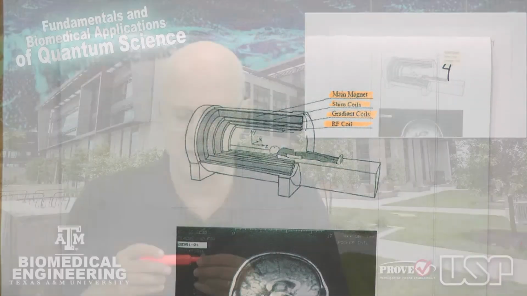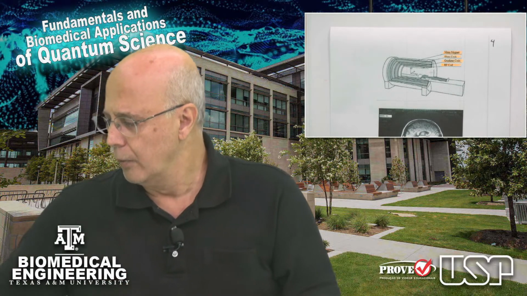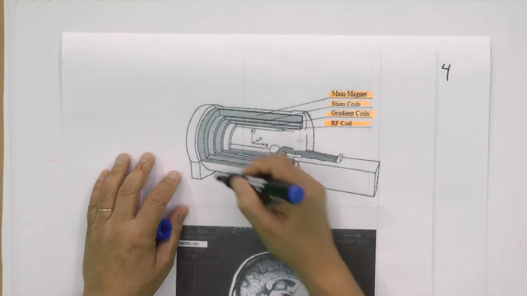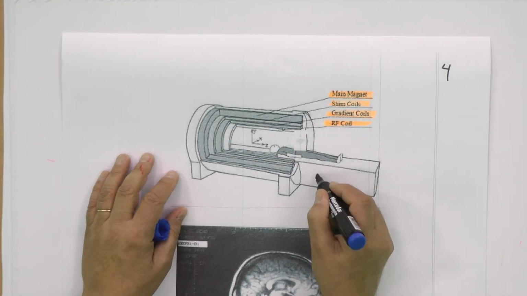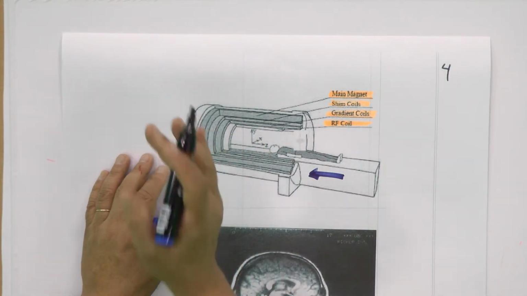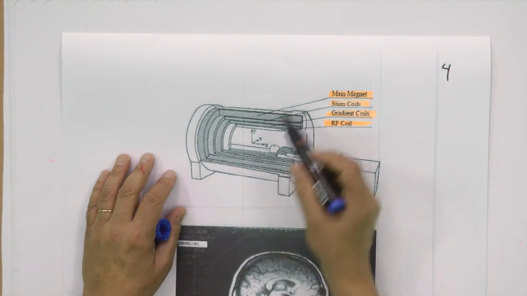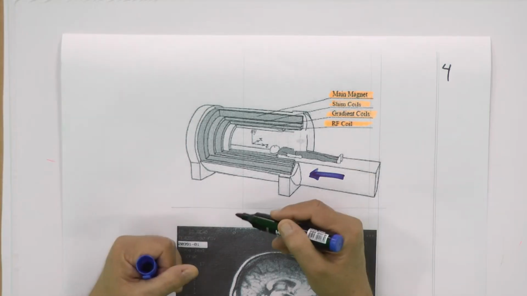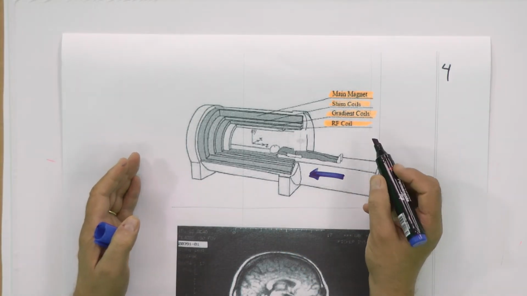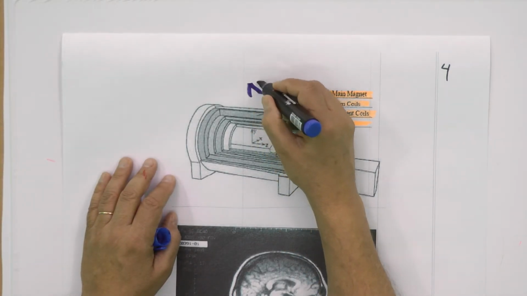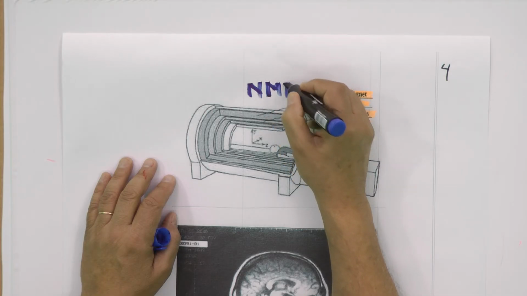And then we put a person inside. We know very well the map of the magnetic field, and then we move this person inside. We know exactly the position, and we apply gradients in different directions, do the resonance, do the NMR. So this is an NMR machine.